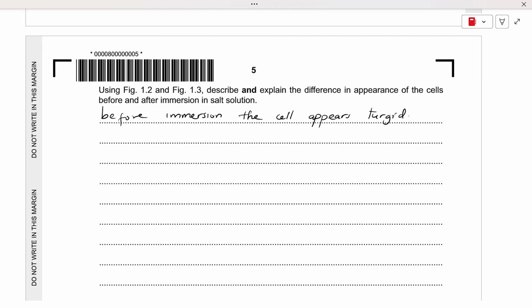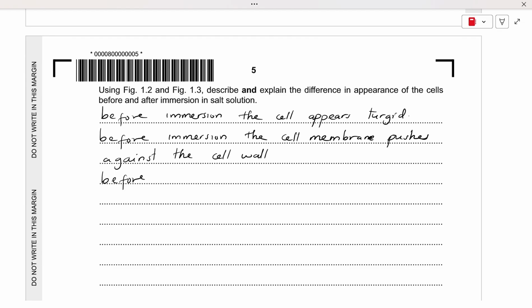Also before immersion, the cell membrane pushes against the cell wall. And of course, before immersion there's increased turgor pressure, or high turgor pressure, which enables the cell to push against the cell wall.